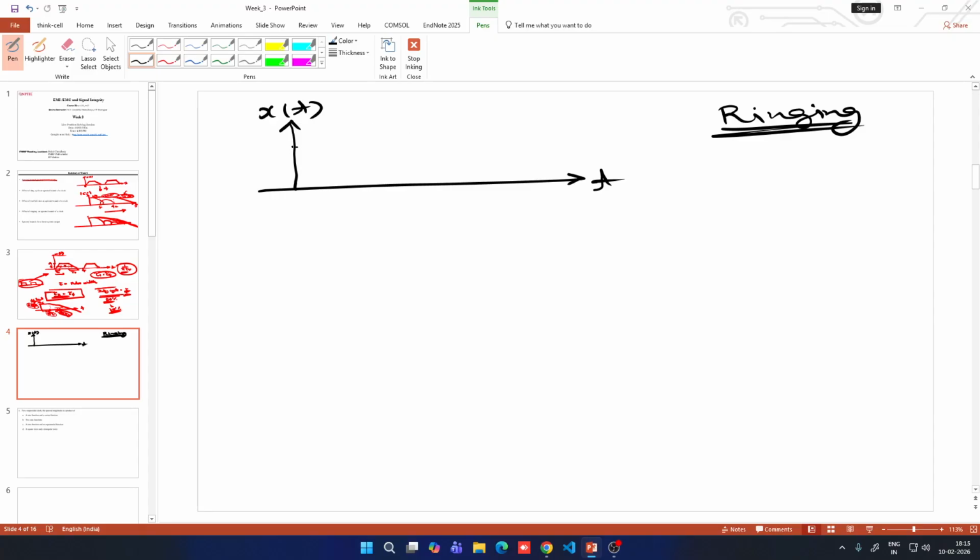This is the time axis. So it's a clock signal to some kind of digital device. Ideally it should be like this. This is one ideal scenario, but actually it is something like this.